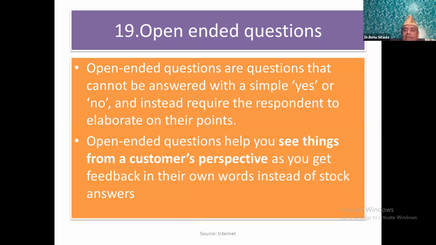Open-ended question is also known as the long answer question, and this type of question starts with WH, like why, how, where, etc. Open-ended questions cannot be answered with a simple yes or no, and instead require a respondent to elaborate the points, and he or she has to express his views, interests and perceptions also. Open-ended questions help you see things from the customer's perspective as you get feedback in their own words.